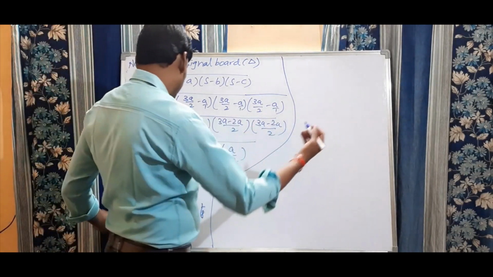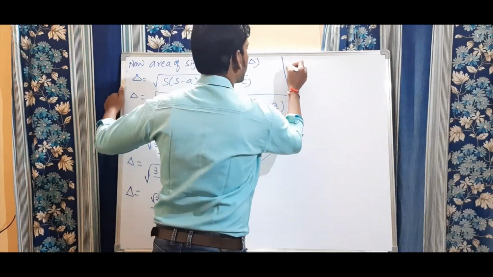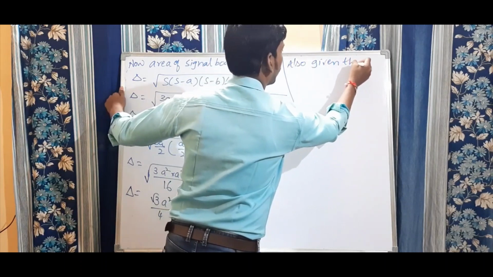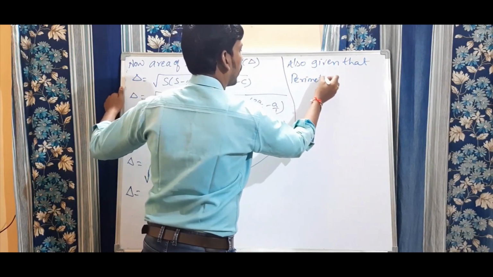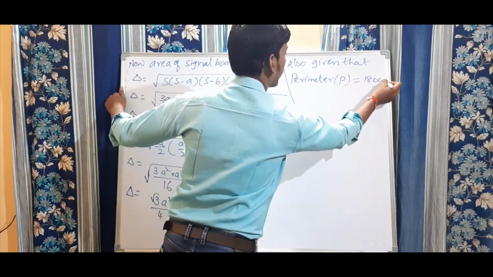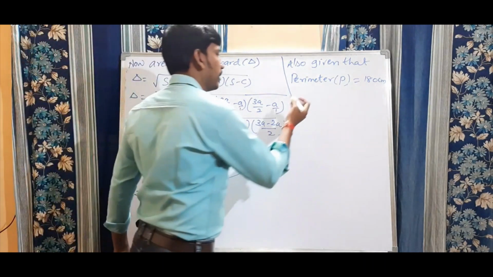Clear? Now see this here, they also given that the perimeter P is equal to how much it is? 180 centimeters. What is the perimeter of an equilateral triangle? That is 3 into side.